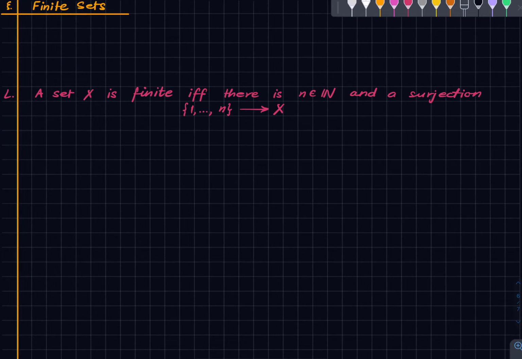So what is a finite set? By definition, a set X is called finite if it is not infinite. So something very strange has happened. The notion of a finite set is intuitively much simpler than the notion of an infinite set.